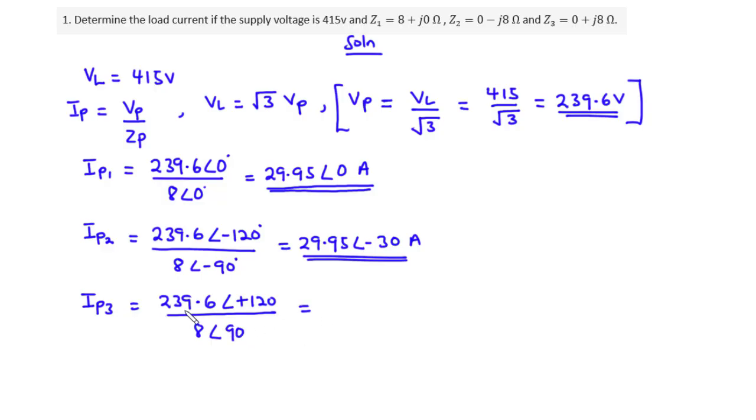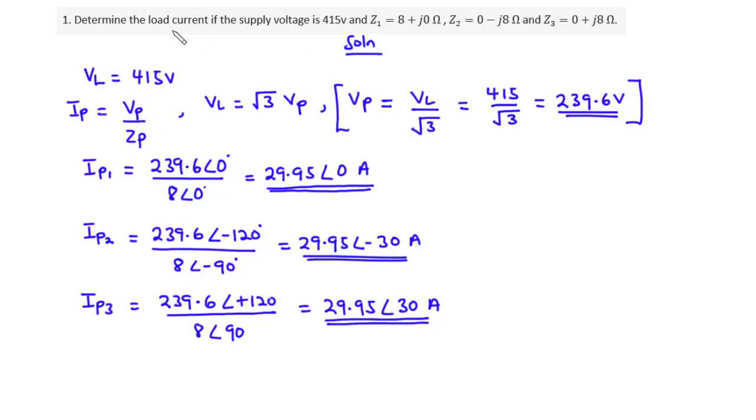So dividing 239.6 by 8, you have 29.95 polar 120 minus 90, and that is equal to 30. So these are the phase currents in the respective phases, and then they are also equal to the line currents.